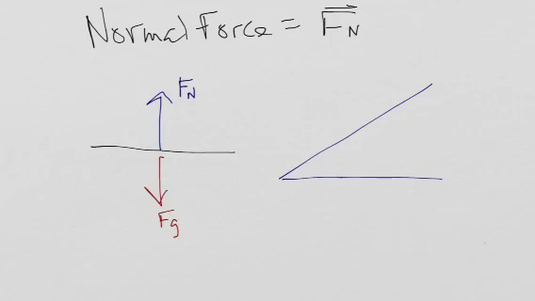Gravitational force is always, always, always at 270 degrees, straight down. If I have a box here on my inclined plane, gravitational force is always going to be straight down. The length of the arrow is going to depend on the mass of the object. Normal force is always perpendicular to the surface.